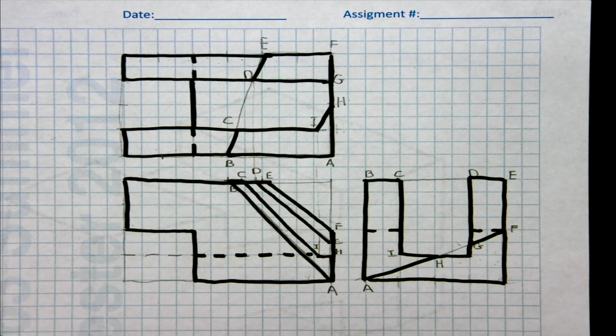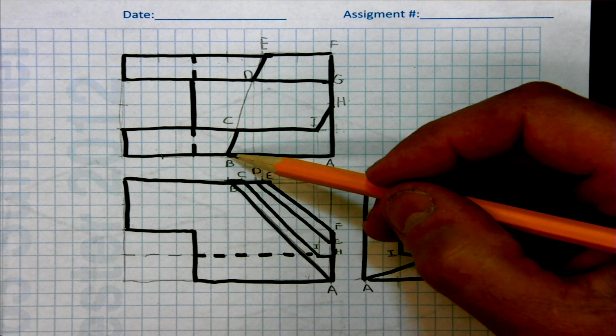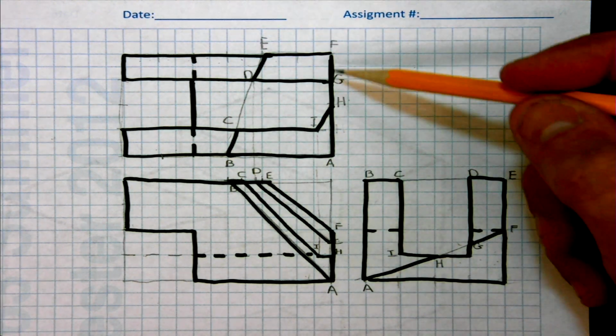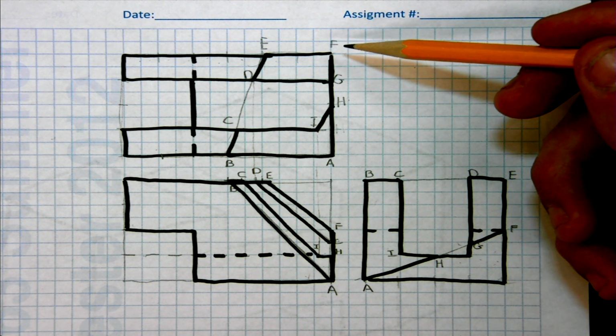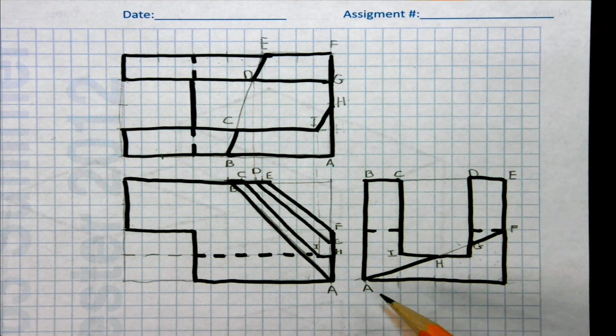If you use labeling techniques, it helps. Find a point you know. We know B, E, F. We're at A in all the views, construct those things out, look at what the thing looks like, and carry on from there. So they actually do fall apart pretty easily.